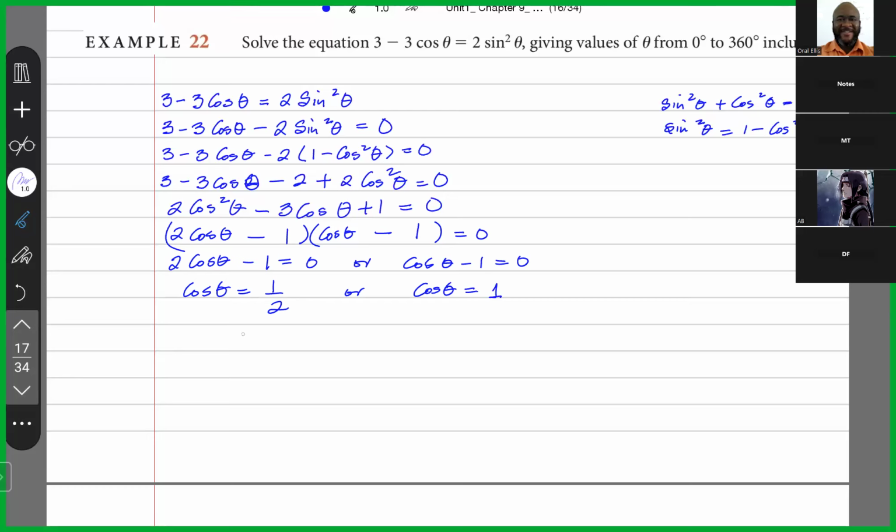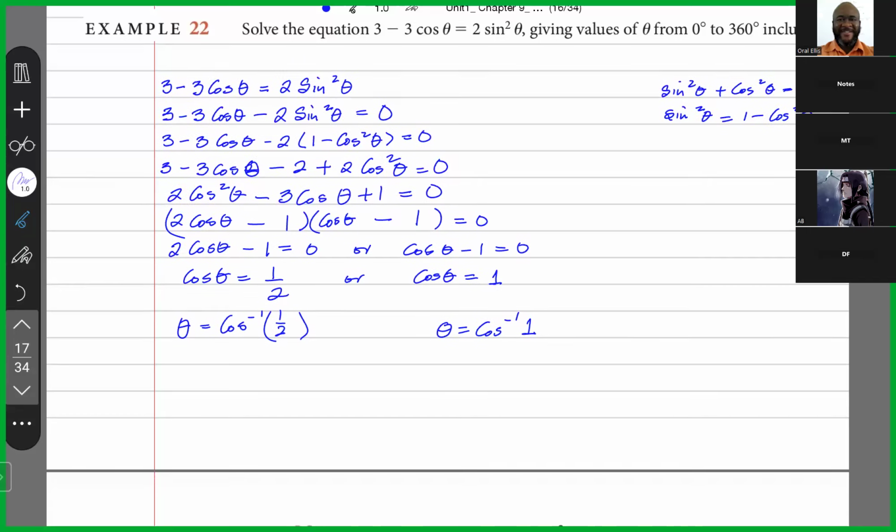Now, if cos theta is equal to a half, it means that theta would be equal to cos inverse a half. And over here, theta is equal to cos inverse of 1. Now, cos is positive in the first quadrant and in the fourth quadrant.